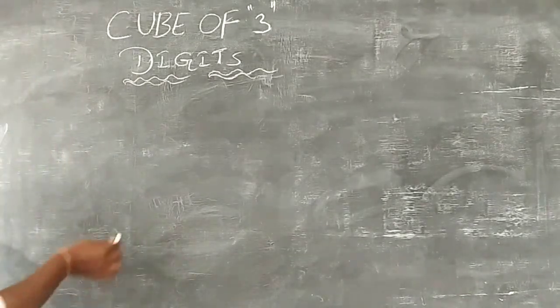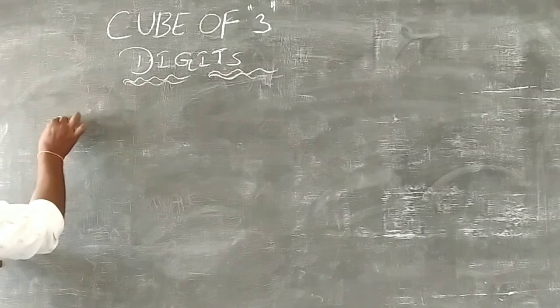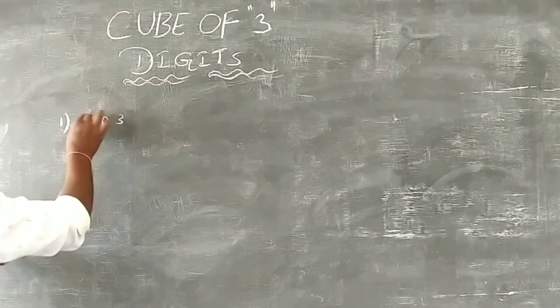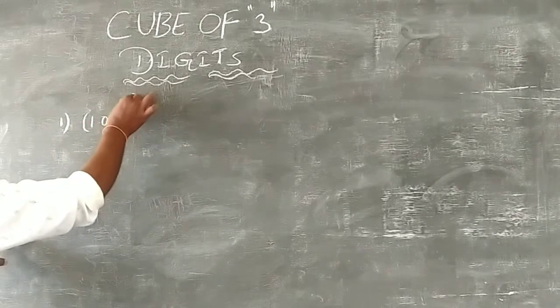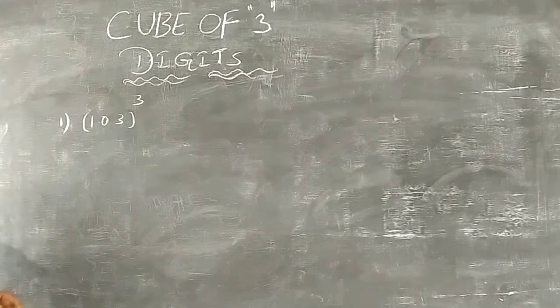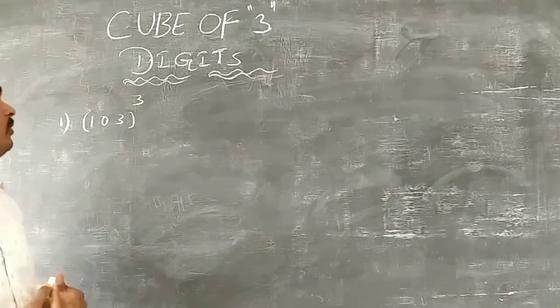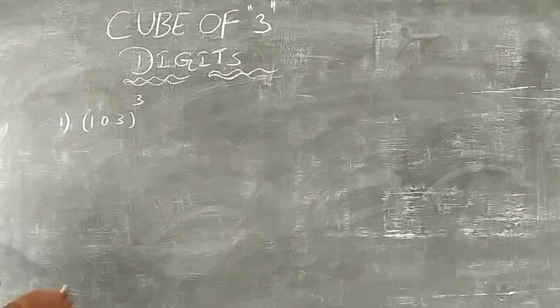The first one is, we are going to find the cube of 103. How to find it out? Very easy, very simple.